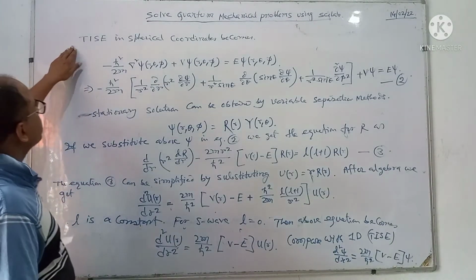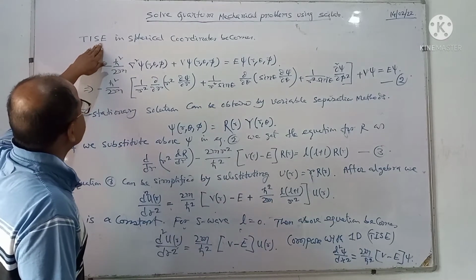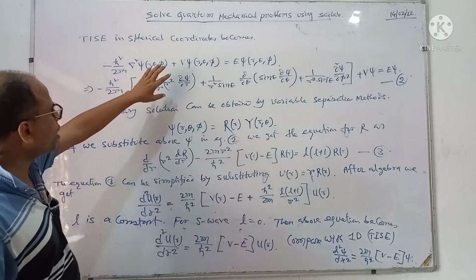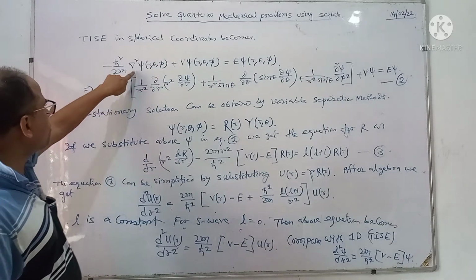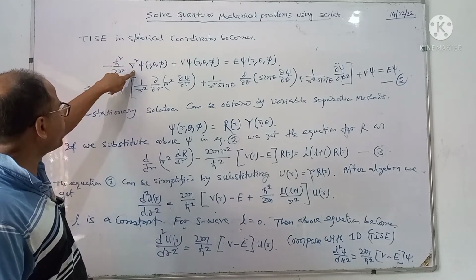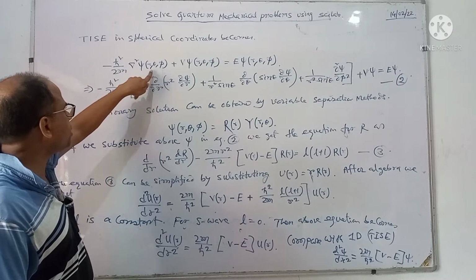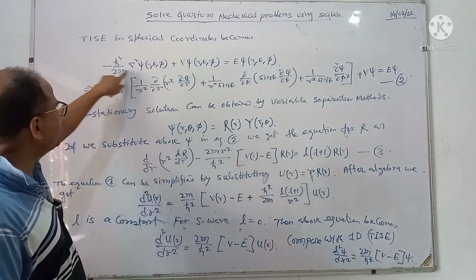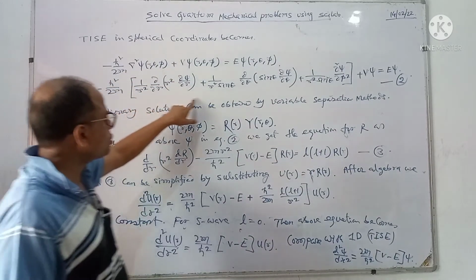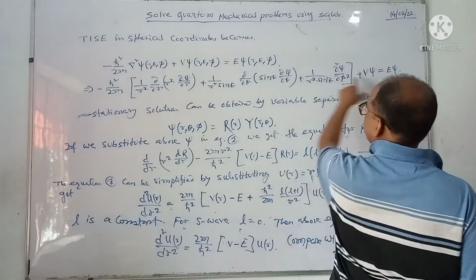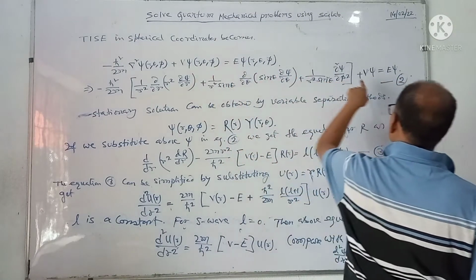Now see, the time independent Schrodinger equation in spherical polar coordinates is this one. If you use the Laplacian operator in spherical polar coordinates r, theta, phi, then this equation becomes this one. This is the Laplacian operator, and V psi is equal to E psi.